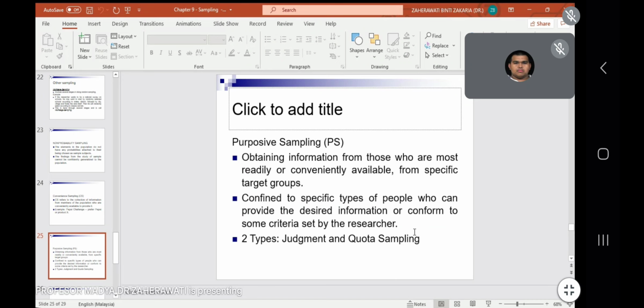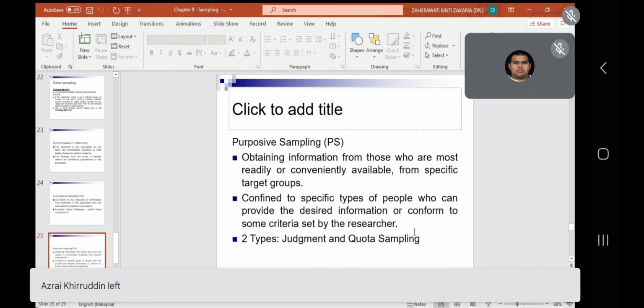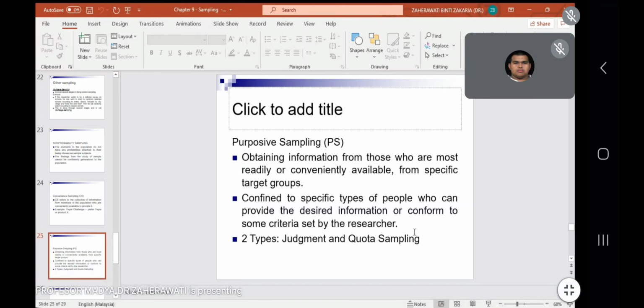Definitely you need to find respondents that use only local products, because the questionnaire is about local products. If you give the questionnaire to a respondent who does not consume local products and prefers imported or overseas products, they cannot be your respondent.